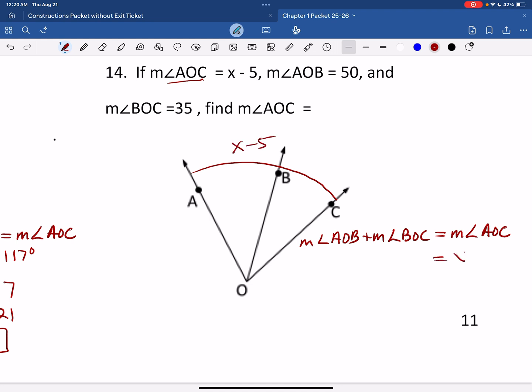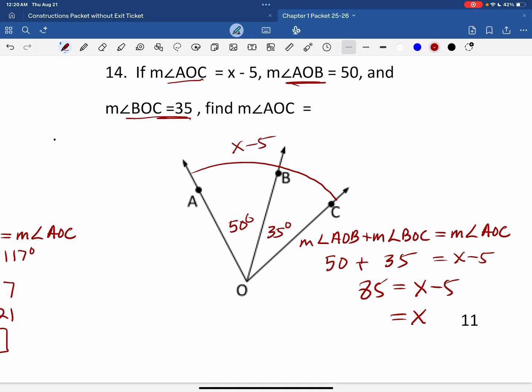So this is equal to x minus 5. And then AOB is 50. So 50. And BOC is 35 degrees. 35. Here we go. So I got 85 degrees is equal to x minus 5. So x is equal to 90.